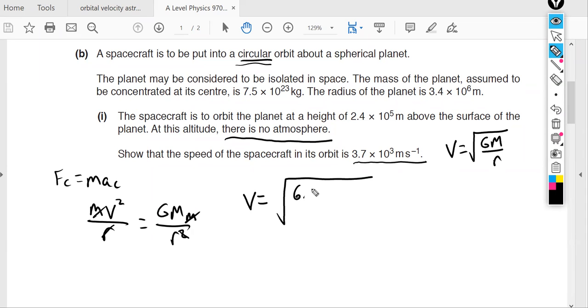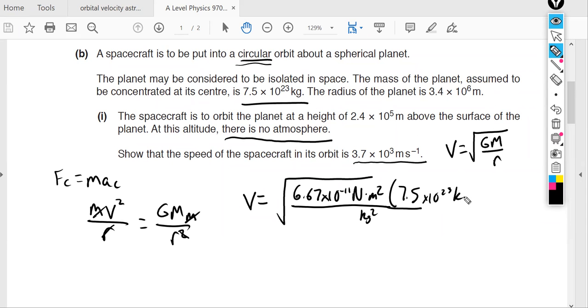G has a value of 6.67 times 10 to the negative 11 newton meters squared per kilogram squared. That's G. The mass of the planet being orbited, given here, is 7.5 by 10 to the 23 kilograms. And then r, it might be helpful to draw a picture. So we've got a planet that has a certain radius, and we've got the spacecraft, and this is not to scale.